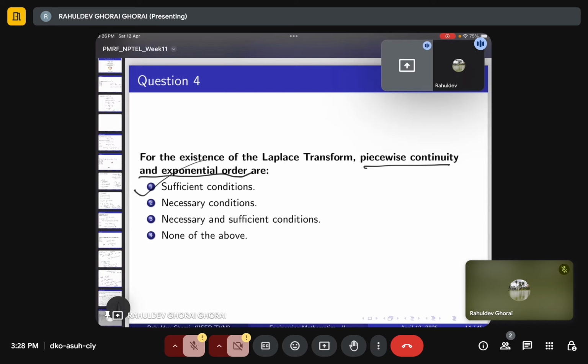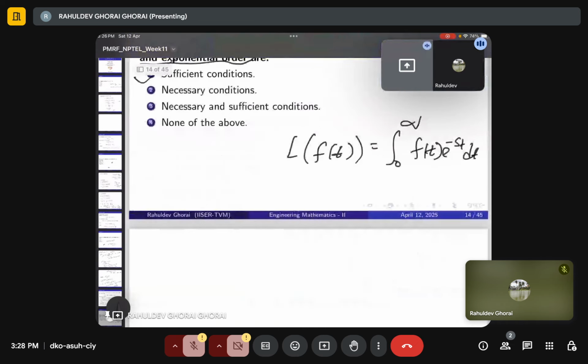So what is the Laplace transformation definition of a function? Integral from 0 to infinity of f(t) e to the power minus st dt, right? Now how to show existence? Mainly if you can show that f(t) is bounded by an exponential, that e to the power minus alpha t times f(t) converges to 0, then it is okay.